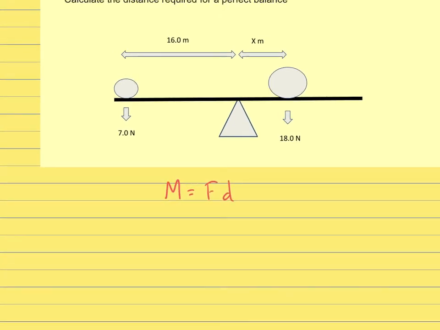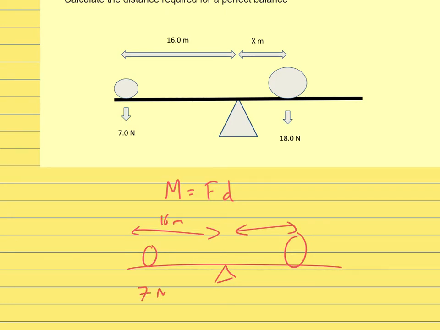But if you're following at home, I would recommend getting this diagram down. It won't take long. You literally do a line, you do a little pivot, 2 circles, one bigger than the other. You do a distance from the center there. You'd say 16 meters. You'd say 7 newtons. We'd say 18 newtons there. We don't know this one. So it didn't take long.